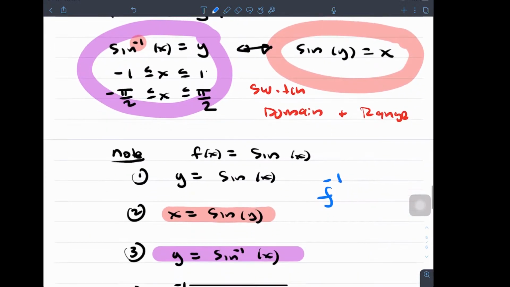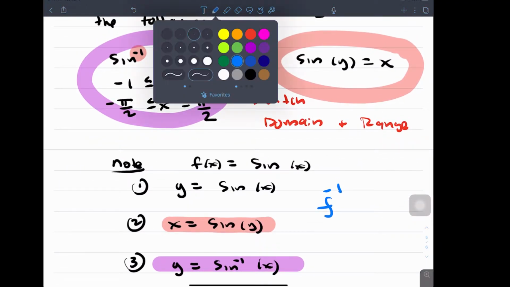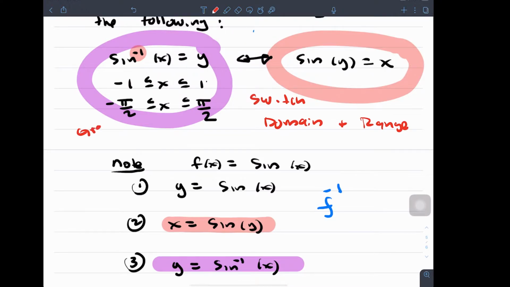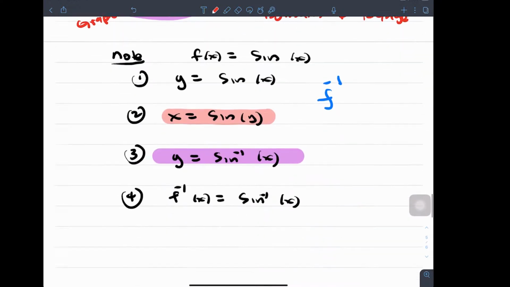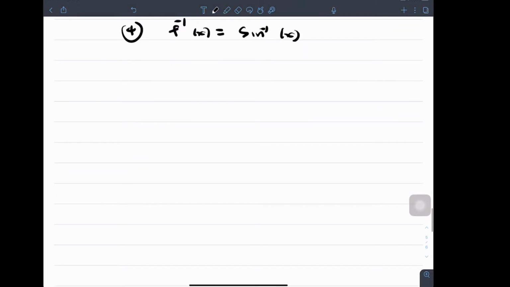But then the question becomes, how do we graph this? Because we can graph this. Do you guys remember the relationship between a function and its inverse graphically? Back in those courses too, there is a relationship. Anybody recall the relationship between any function and its inverse?